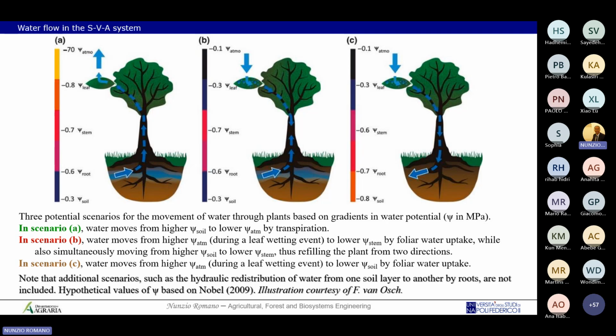You measure the permanent wilting point considering the soil, but maybe the vegetation has enough water and does not wilt, even though the matrix potential in the soil reaches the famous 15 bars of permanent wilting point. But this is another story, another criticism about the permanent wilting point and field capacity.